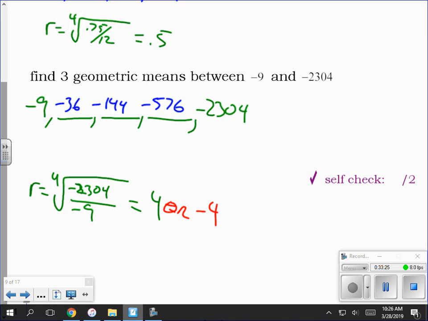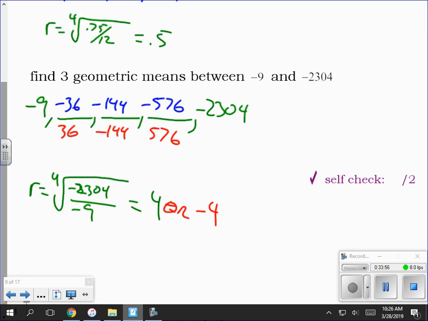Because if I take -4 times itself 4 times, I get +256, which will work for this. It could be that. An even root can be positive or negative. An odd root is one or the other. An even root could be either one of them. So in theory, this could be 36, -144, 576, and that would work too.